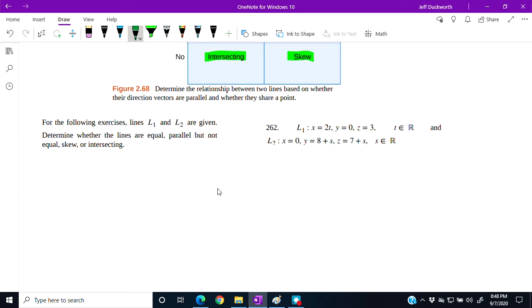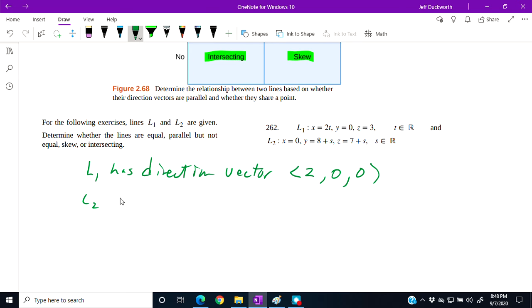So basically we can find a direction vector for L1. And that direction vector are going to be the values of the coefficients in front of the t. Well, that's 2, and then you've got constants, so that's 0, and it's 3 plus 0t, so another 0.